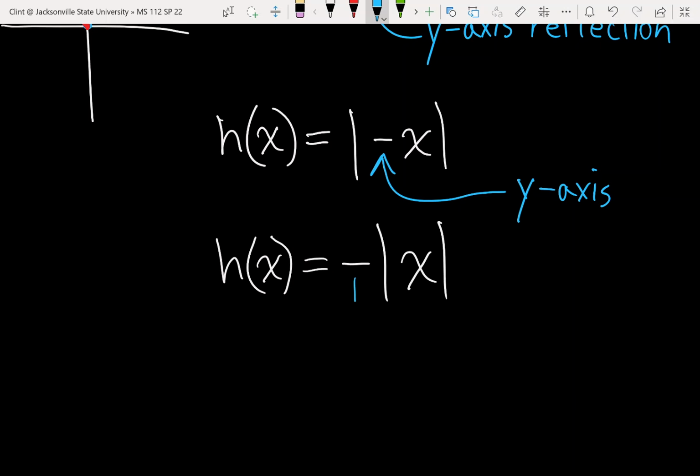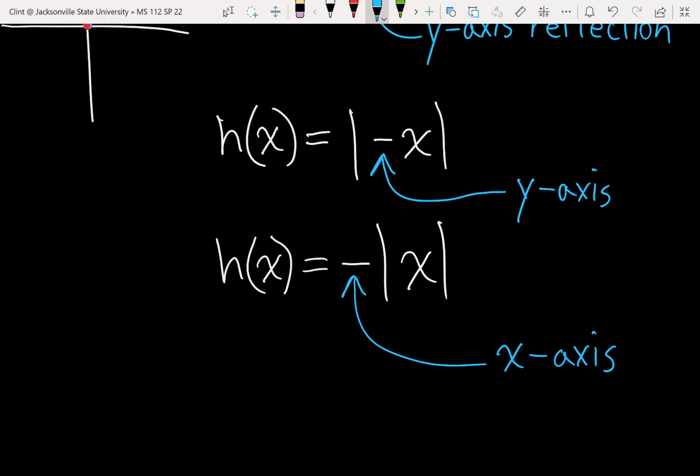And on the bottom one, the minus sign's out in front, so that's an x-axis reflection. Any questions on those? Or did I get anybody messed up? Okay.